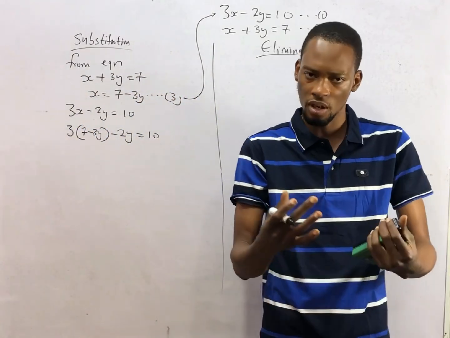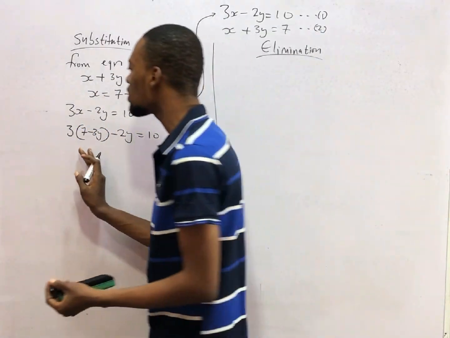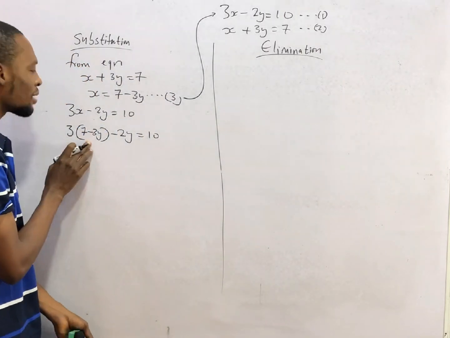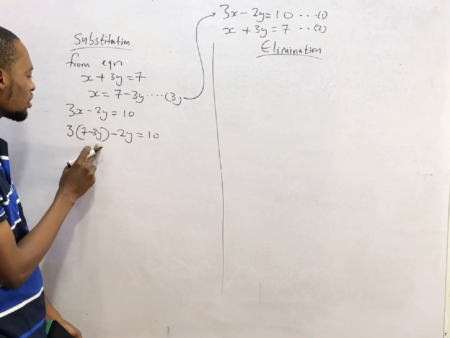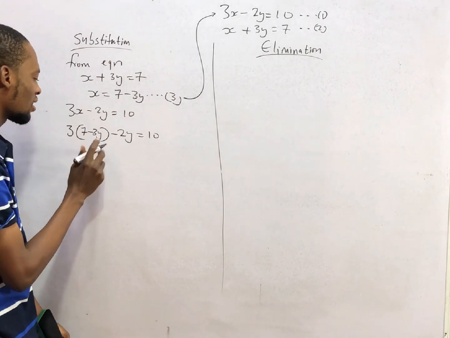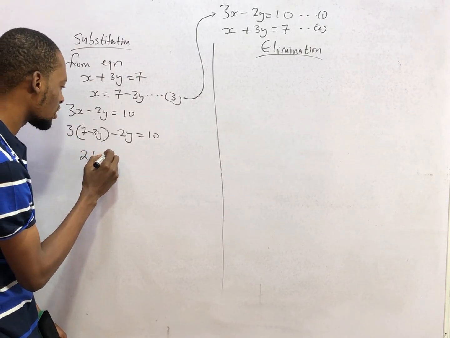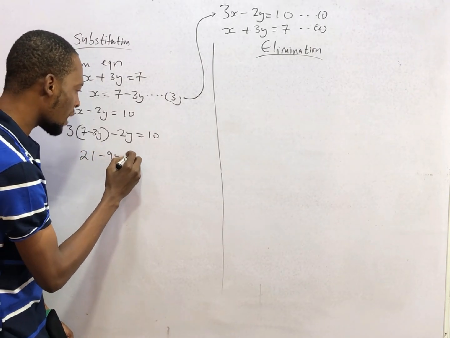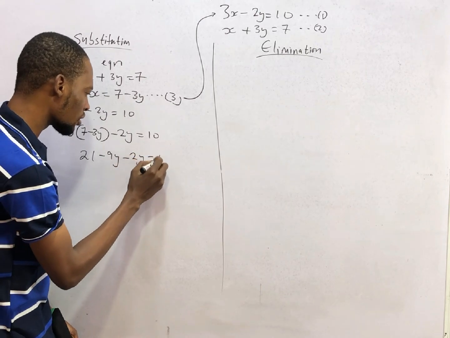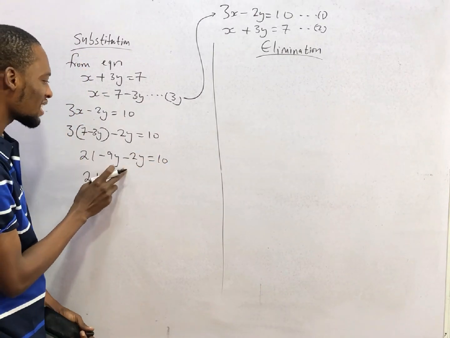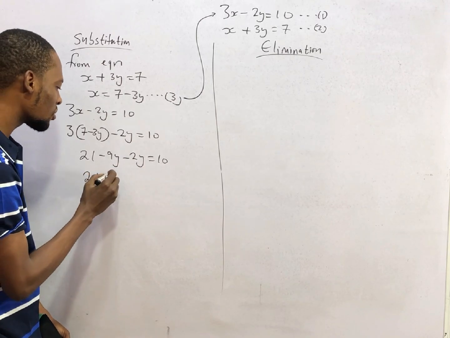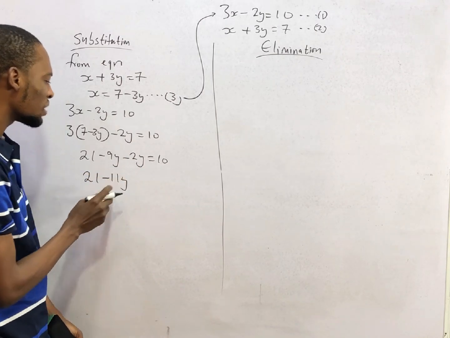What next? Let us open up the bracket. Opening up this bracket, 3 times 7 is 21. 3 times minus 3y is minus 9y. So 21 minus 9y minus 2y equals 10. Minus 9y minus 2y is minus 11y. What does it mean?